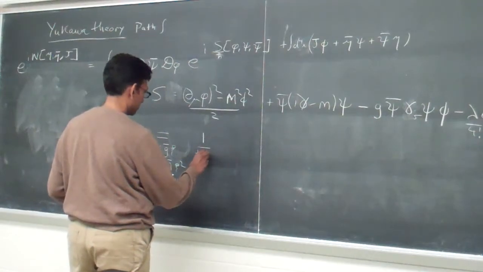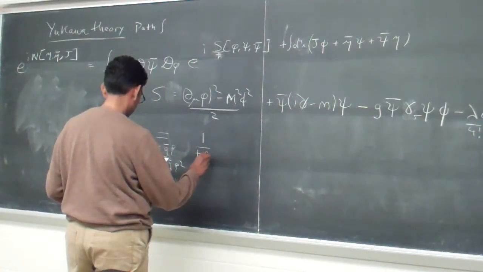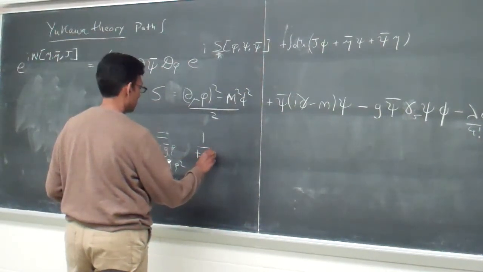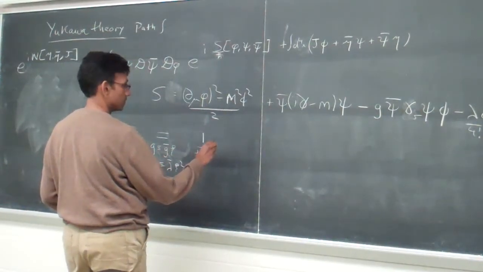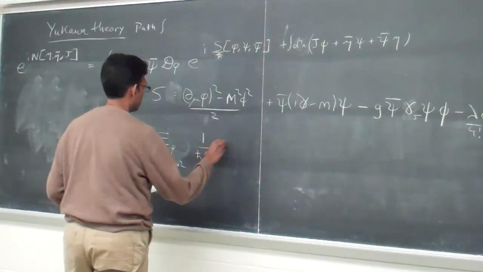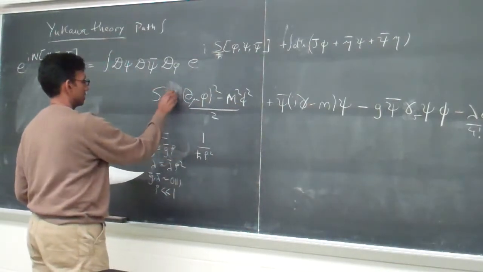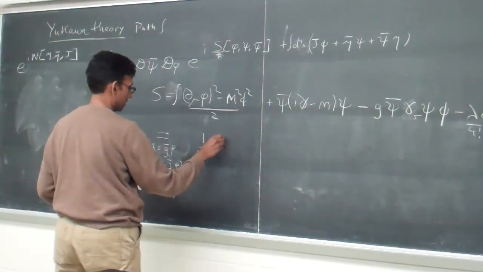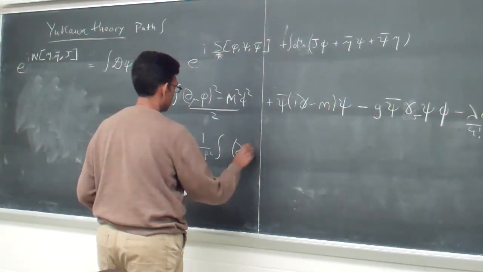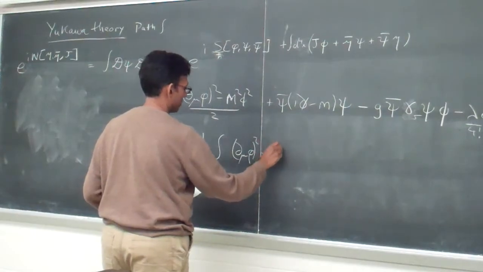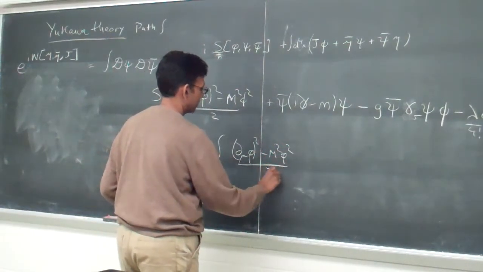And C squared. And then, this was of course an integral, and then you'll have this d mu phi squared minus m squared plus 2.